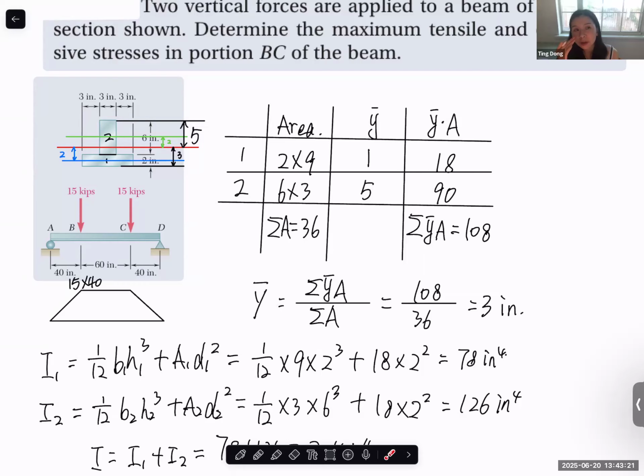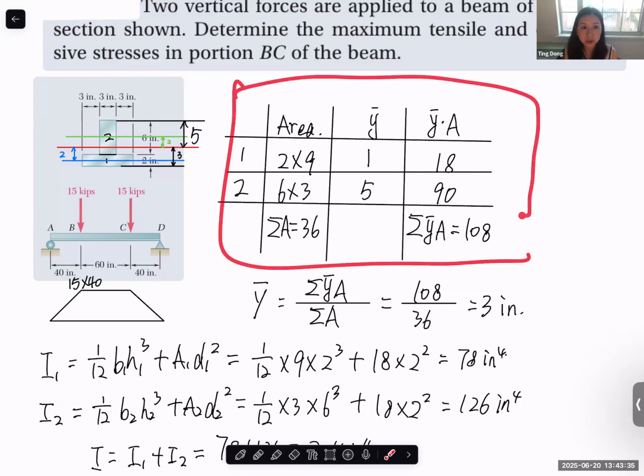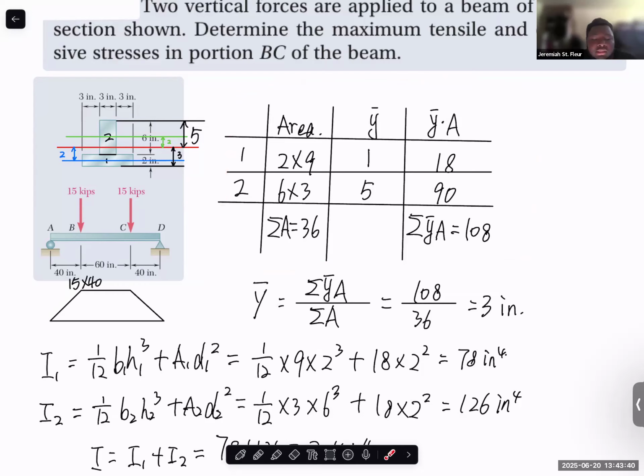Otherwise, how can we do our calculation? But how do we know what the neutral axis is? The neutral axis is the centroid of the entire area. This is what we learned in statics, how to find the centroid of the entire area. And we already proved the line that passes through the centroid is the neutral surface in the entire cross section. Okay, thank you. Welcome.